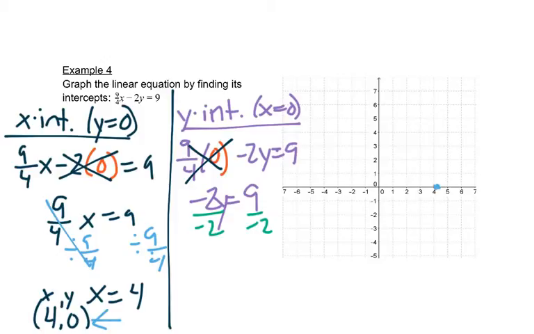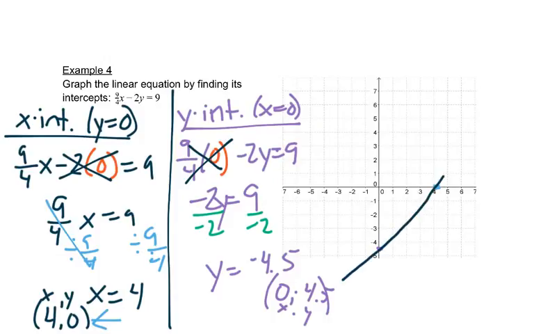If you type that in as 9 divided by negative 2, you get a negative 4.5. So this point, this x and y, would be 0, negative 4.5, which would be right here on the y-axis. It's a y-intercept on the y-axis. So we'll draw our line through the intercepts, and that gives us our graph of our equation.